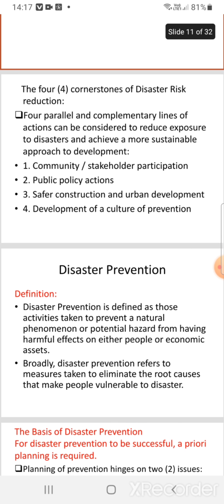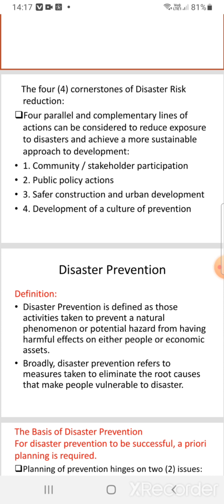Now, the four cornerstones of disaster risk reduction as per the Sendai framework are something different. The Sendai framework is valid from 2015 to 2030.